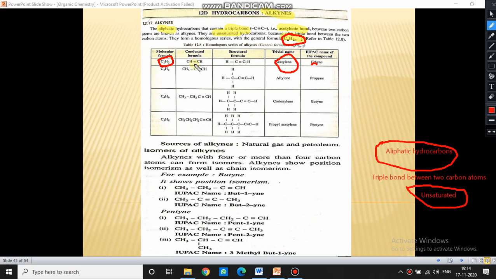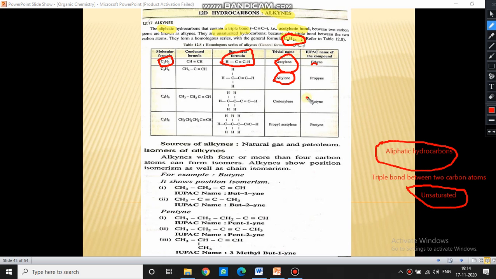Now, this is the condensed formula and this is the structural formula. When you are drawing the structural formula, please see to it that you draw it in this manner: C, triple bond, C, and hydrogen on the outer edges. Similarly, the next member is propyne and its common name is allylene, and this is the structural formula.